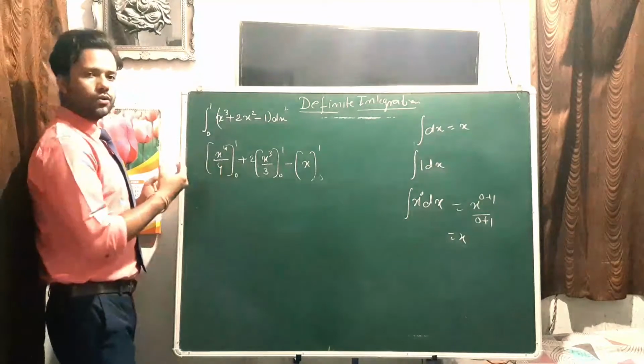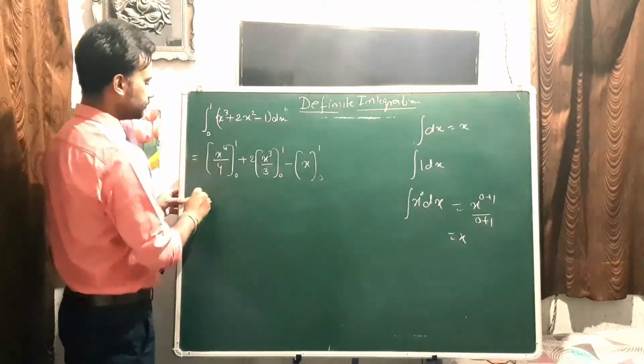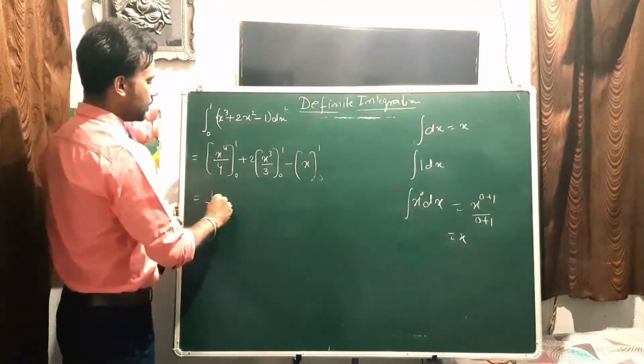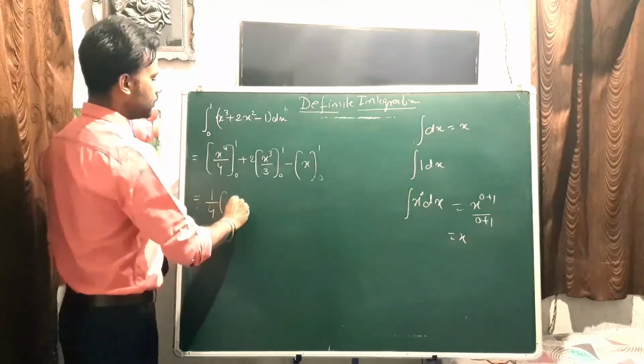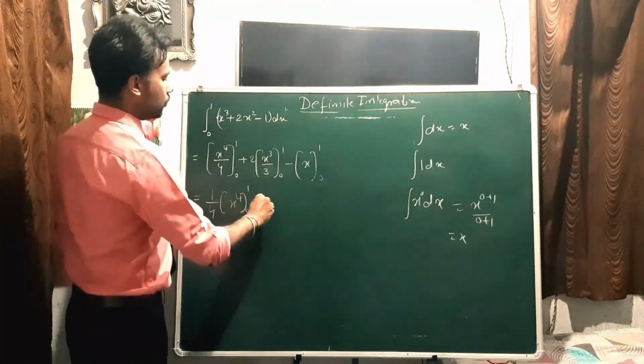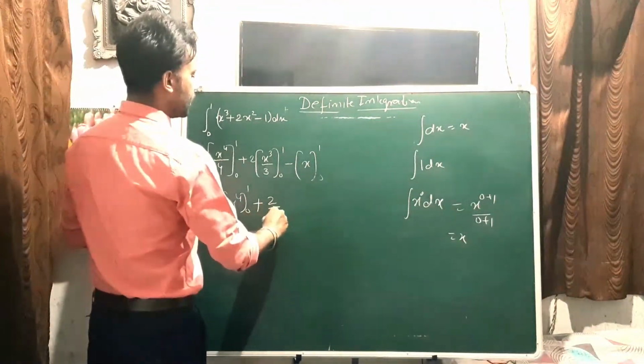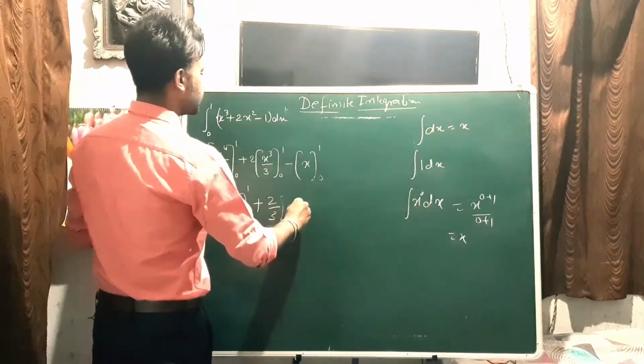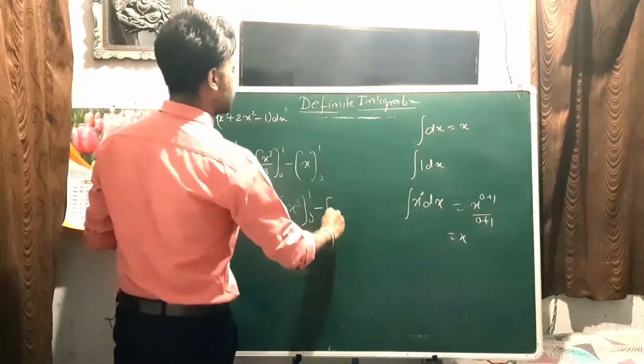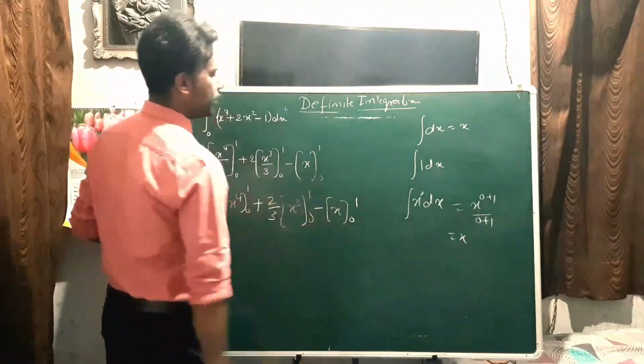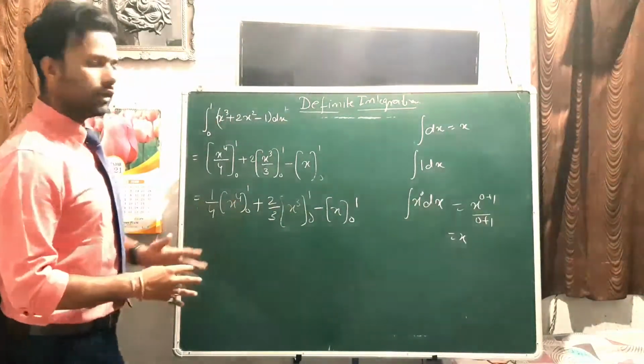Now take the constants outside before applying the limits. So this will become 1 by 4 x to the power 4, limits from 0 to 1, plus 2 by 3 and x cube from 0 to 1, minus x, it doesn't have any constant, 0 to 1. Now apply the limits.